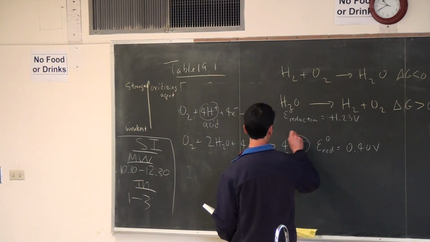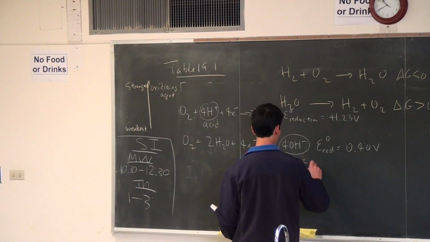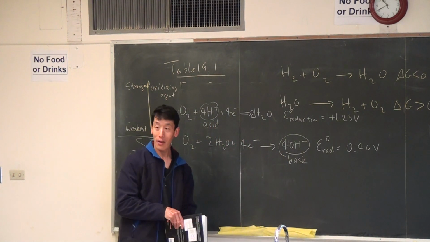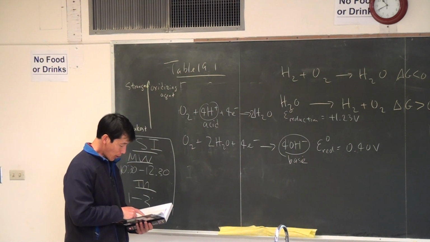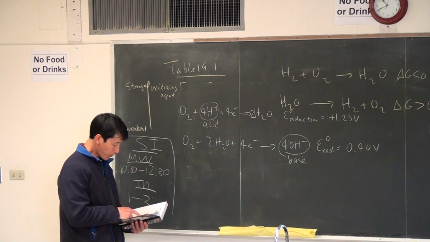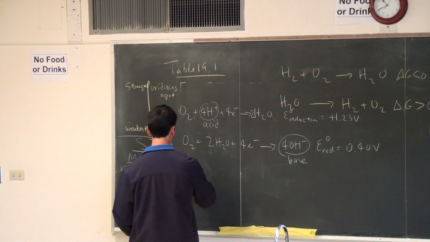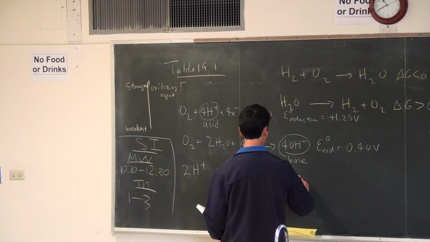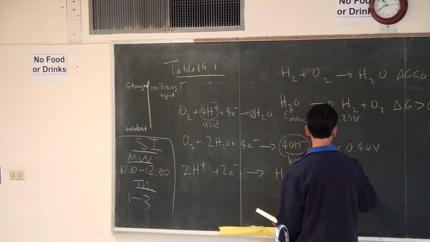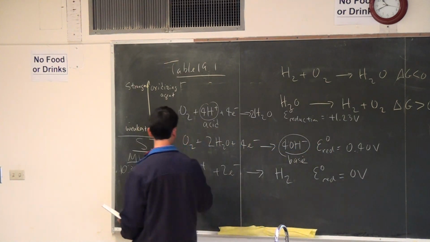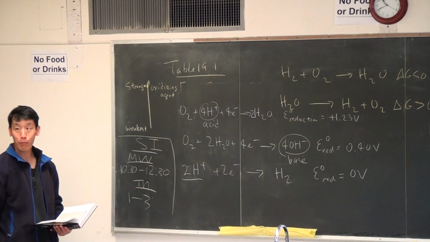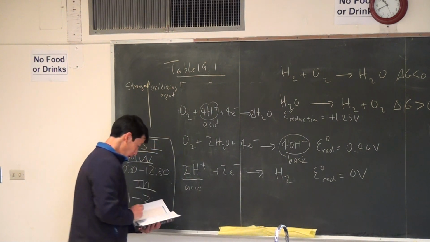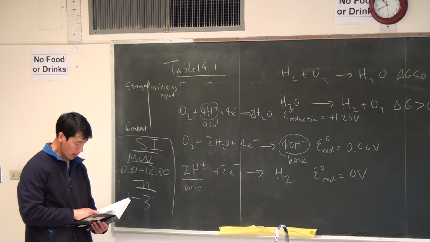Now note that OH- is here, so this is done in a basic solution. So this is an acid, this is in base. Let's keep on going. There's another one: 2H+ plus 2 electrons going to H2. This is our reference, 0 volts. With H+ here, this means we're doing it in acidic conditions. And then if we keep on going further down the table, let's see.